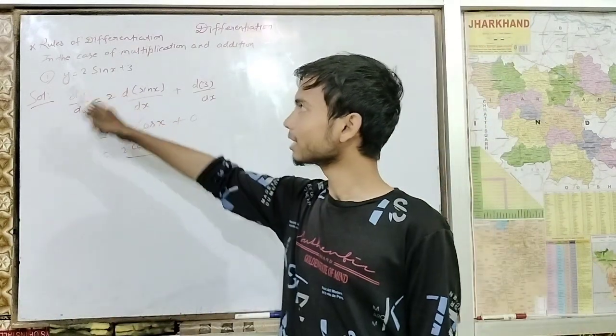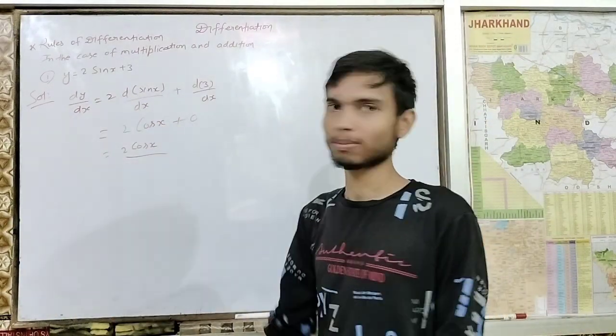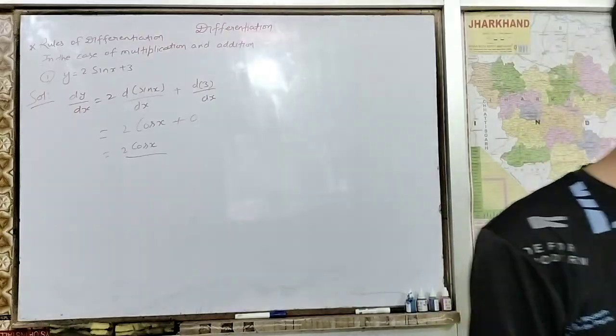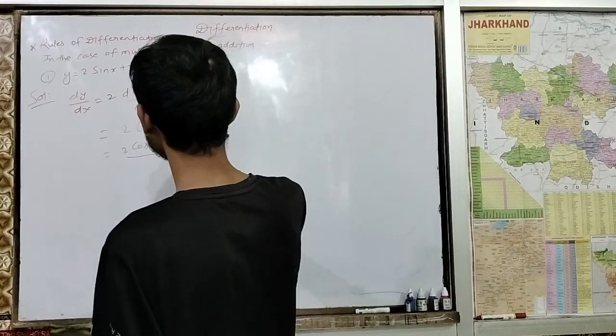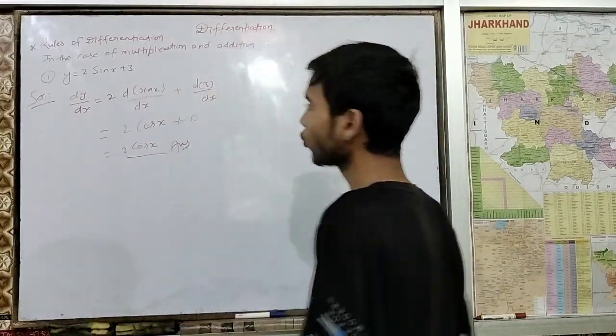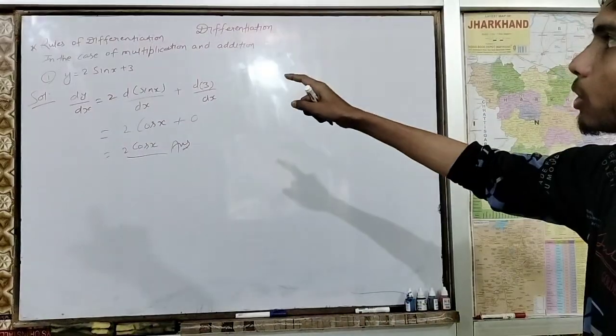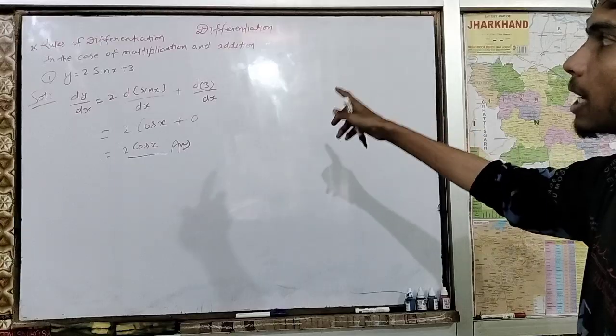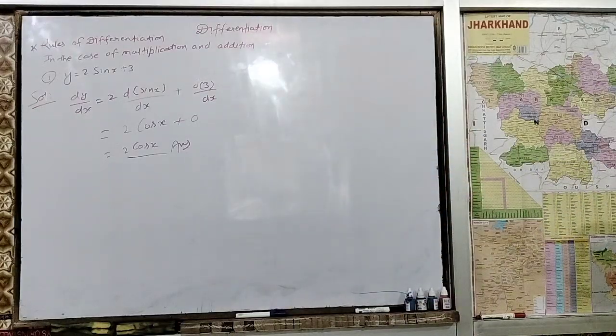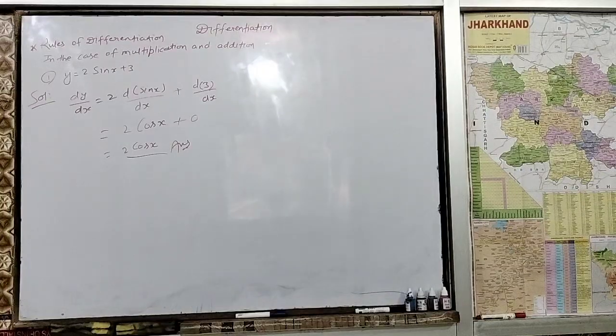When you entered this input, you got this much output. Clear? Okay, it is done. We did one question based on multiplication and addition. This was the first rule.